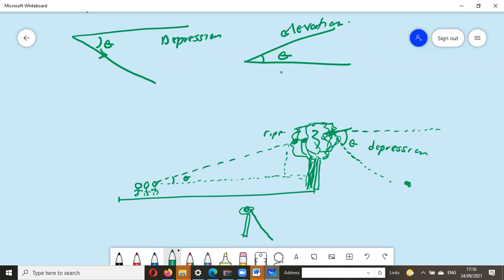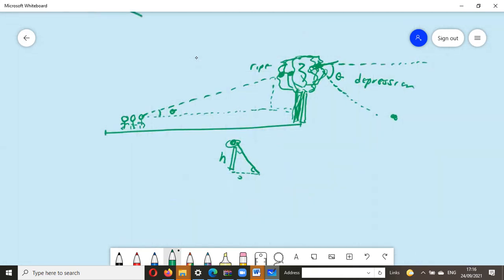That means we shall look at the height of the tree, which is given by h, and the distance you have towards the person you want to look at. That means here will be the angle. Now this is also x meters. This will be x. That means you have the height and the x, so you can easily find the angle. Have you got it?